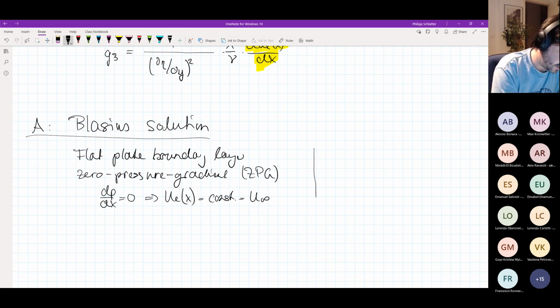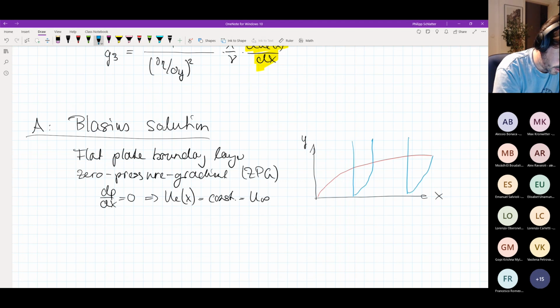So that means if I draw that, this Blasius boundary layer would look like this. We have an x and y coordinate here. We have our boundary layer growing like this. And if we now have a boundary layer profile here and another one here, we know that the free stream velocity is u infinity in both cases.